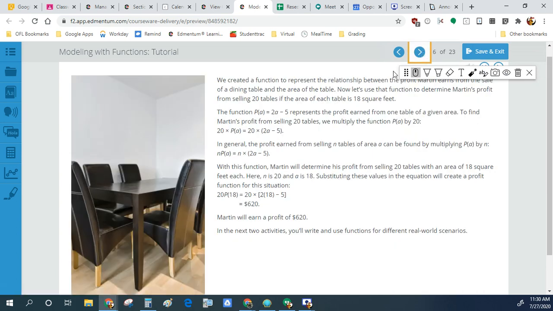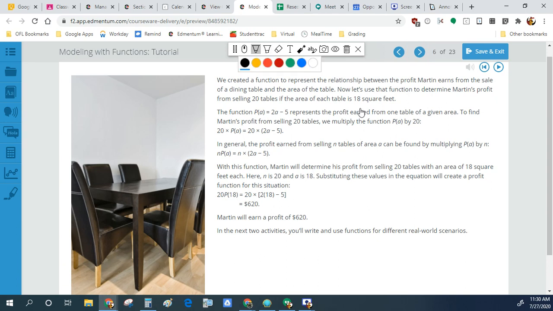So now they're talking about how we create functions here for everything else, like creating functions for the dining room table and stuff like that. So this is basically just this idea of, let's say we had 20 tables.